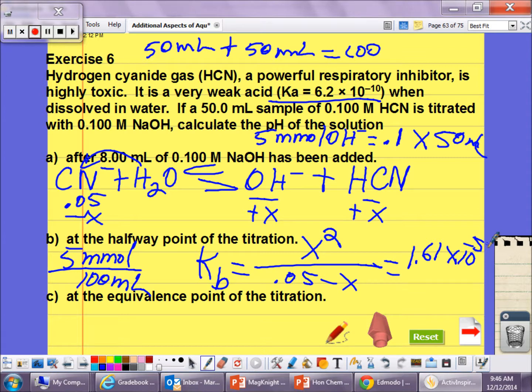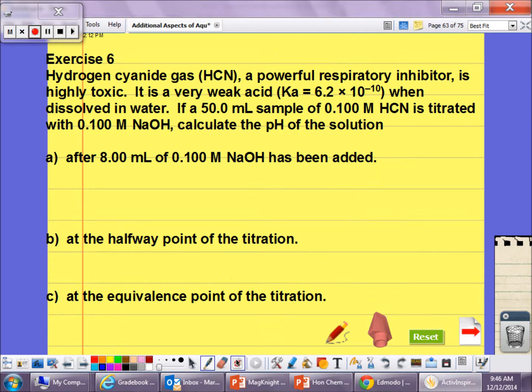Since this is slow, why don't we neglect that x to go faster? Okay, x equal 8.98 times 10 to the negative 4.